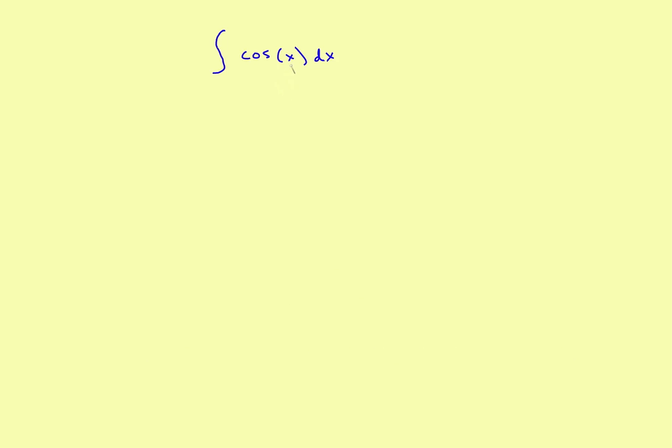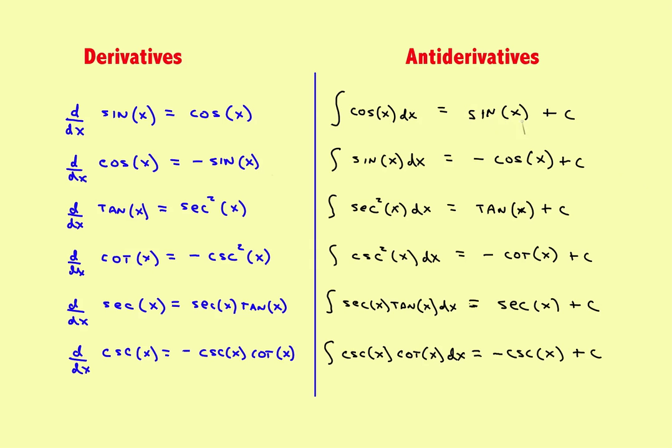So in this problem, you do not need to use U-substitution. It would just turn into the antiderivative of the cosine of x is the sine of x plus c, and you're done.